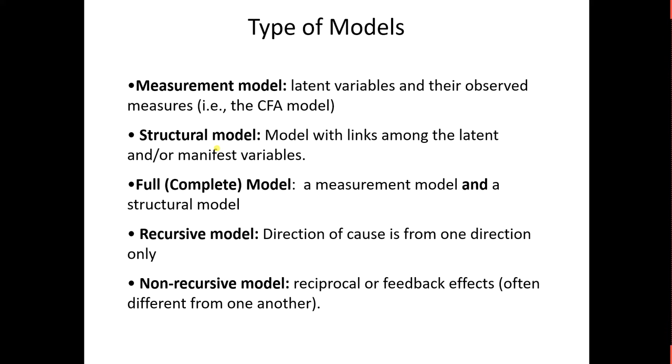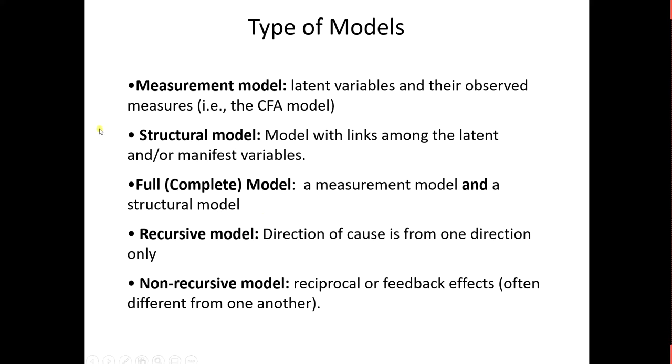When both components are present in a model, then many researchers use the term full model, complete model, or simultaneous model. So a full model or complete model is a measurement model plus a structural relationship model.